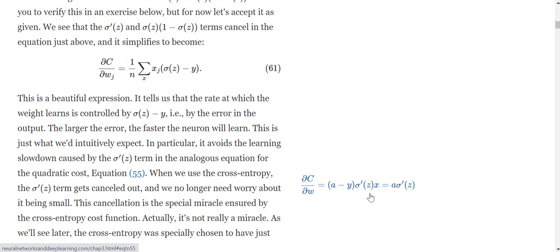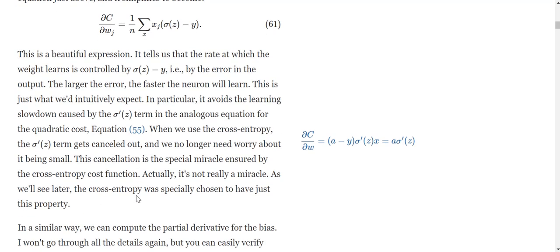So you no longer have to worry about the cost function getting a zero slope as it tends to a particular value. This cancellation is the special miracle ensured by the cross entropy cost function, because you can see that this is arising due to the property of the derivative of the natural log, which is a part of the cross entropy loss function.